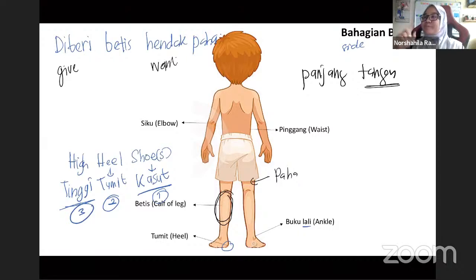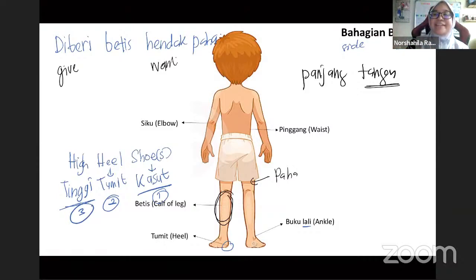What is tangan? Do you remember what is tangan? Hand. Okay, Yisha, thank you. What is panjang? Long. So this means a long hand.